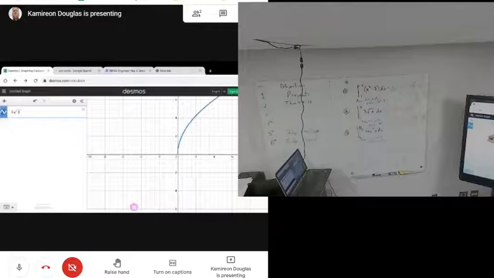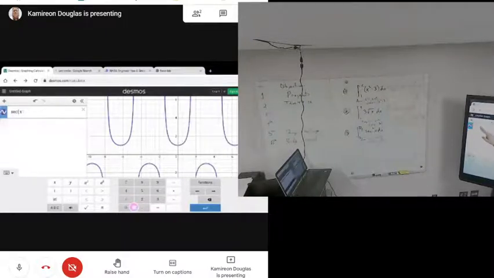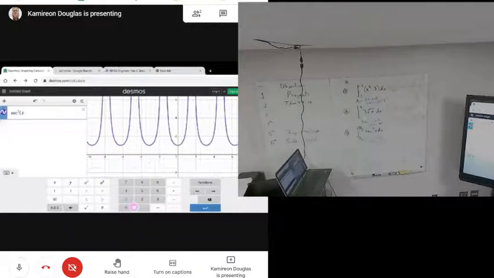Last one. Yeah, secant squared. Nope, that's go secant. I want secant squared. Cool. Evaluated from 0 to pi over 4. So from 0 to pi over 4.